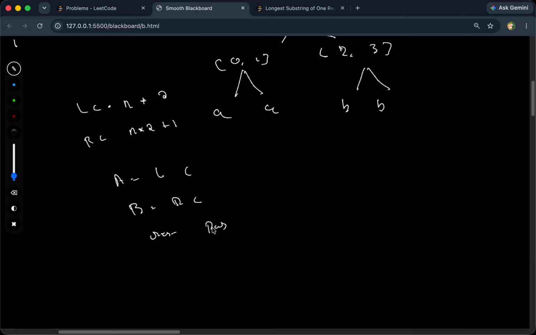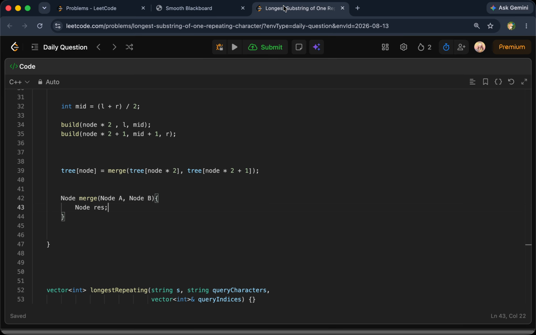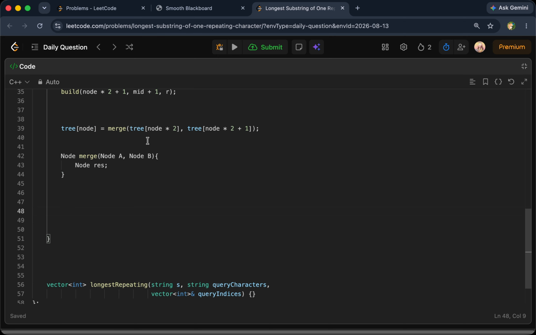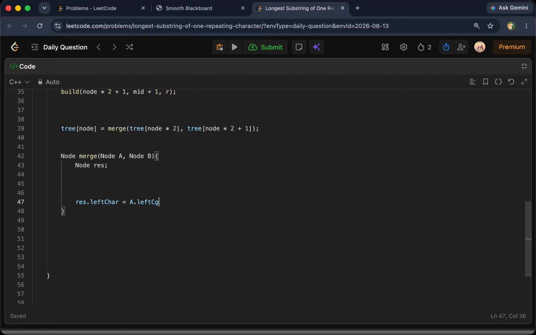Okay, so for the first character, the parent's first character comes from the left child, so we write res dot left char is equal to a dot left char.